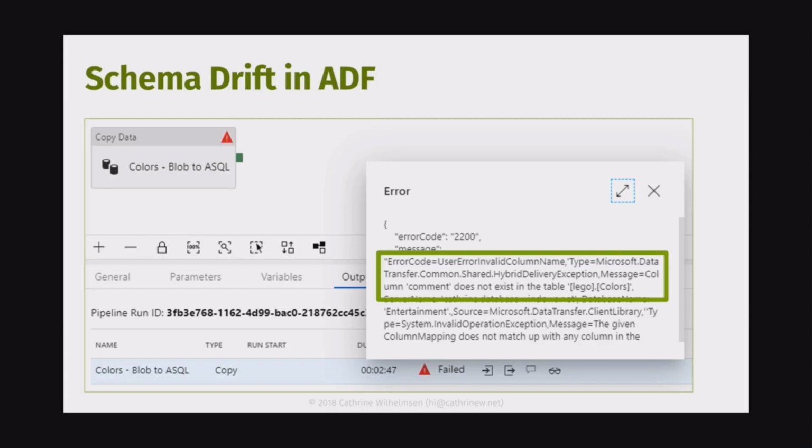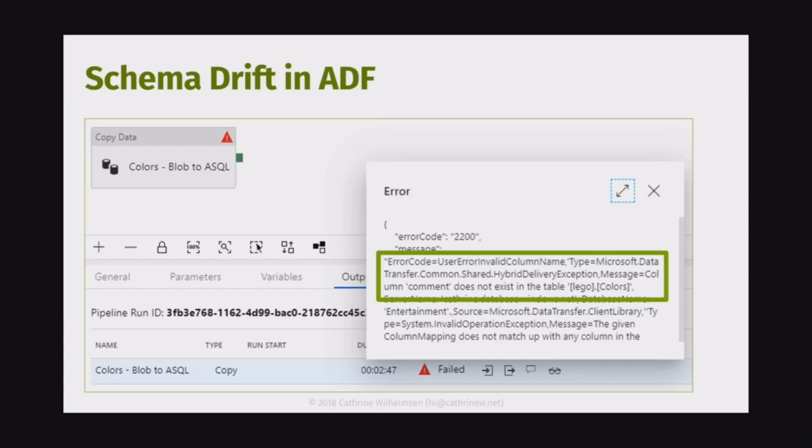Now, there are two things. One is how you can handle this inside of the mapping data flows, and the other is that I think it was last week, Azure Data Factory released an update to the copy activity setting that I will show you that kind of rendered my entire demo and slide deck here useless because it can handle it, which was fun trying to figure that out.